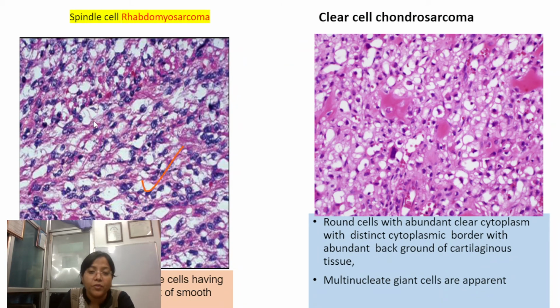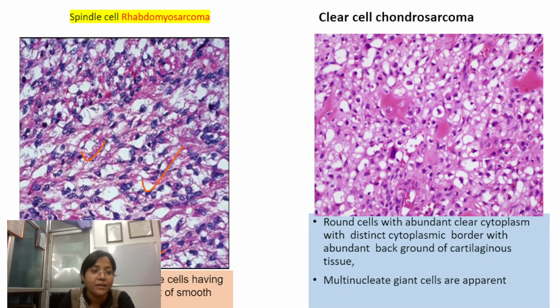But it cannot be decided by H&E stain, so we can go for special IHC markers. A very popular marker is desmin, but desmin is sometimes also positive in smooth muscle tumors. So we can go for a specific marker, myogenin, which is very specific for striated muscle tumors.